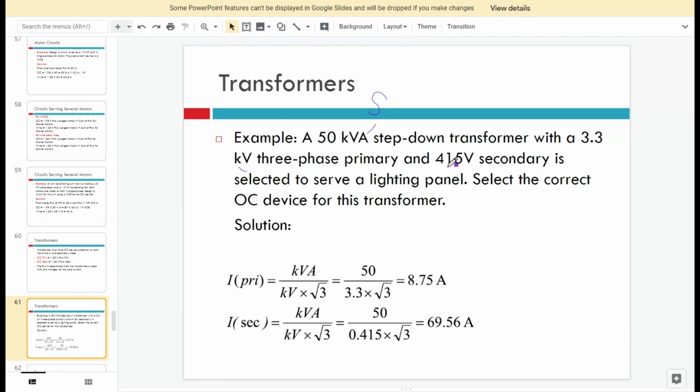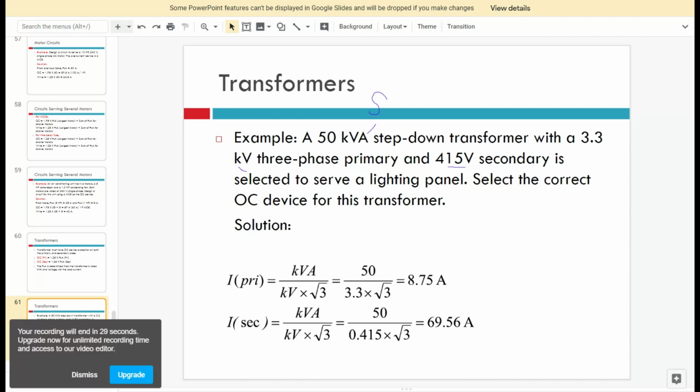The secondary voltage is selected to serve a lighting panel. Okay, so select the correct overcurrent device for this transformer.